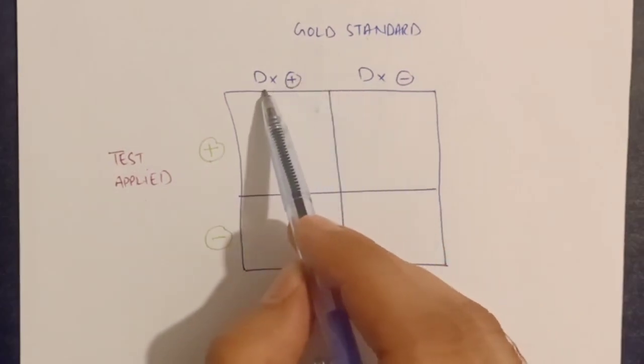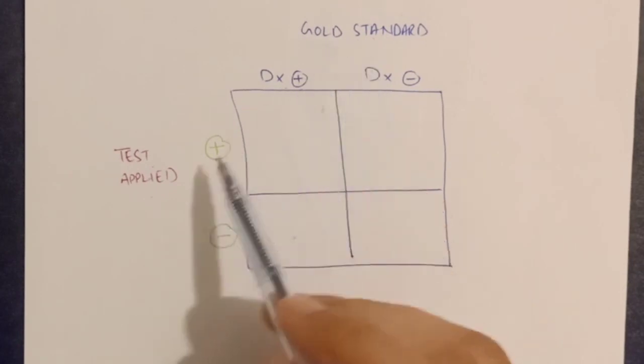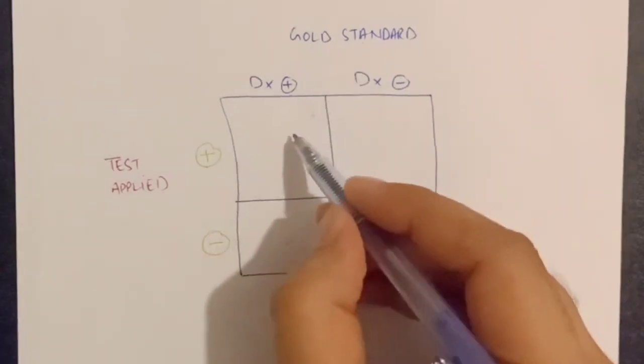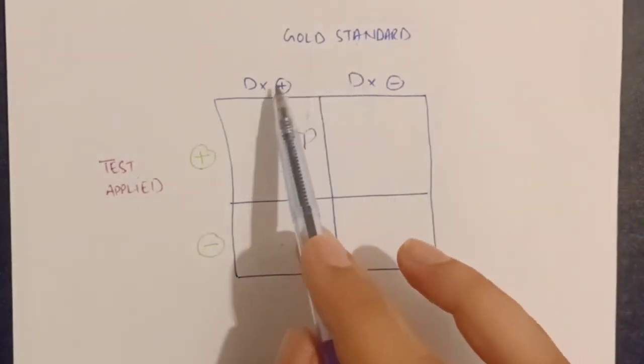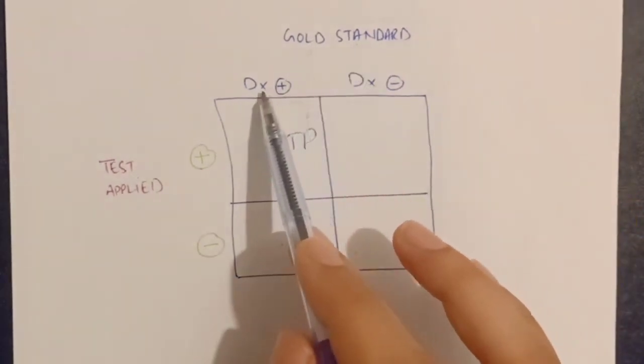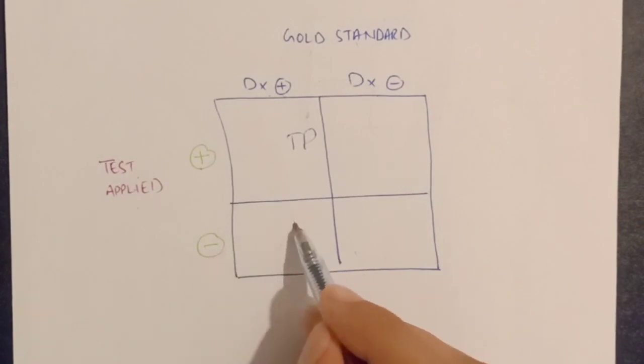If a person is disease positive, meaning they have the disease via the gold standard test, and our test also comes positive, then they are true positive. If the gold standard says a patient has the disease but our test says negative, they are falsely negative.